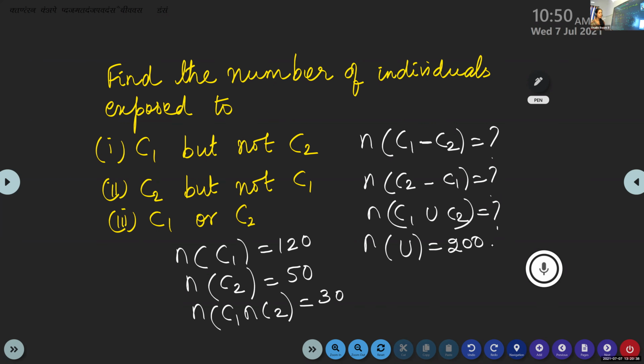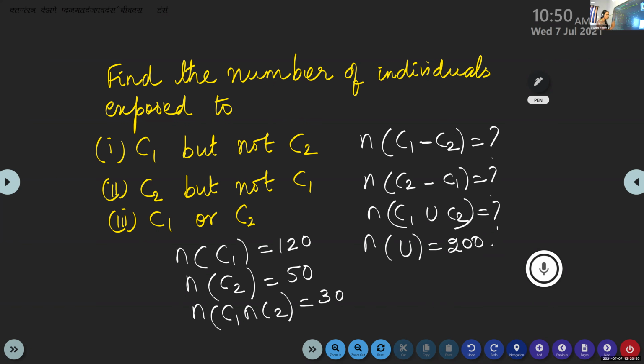It is not compulsory that all the members were exposed to these chemicals. So N of U is 200. Only few members will be exposed to these chemicals, few of them will not. So you take the universal set as 200. Now let us find out C1 union C2.